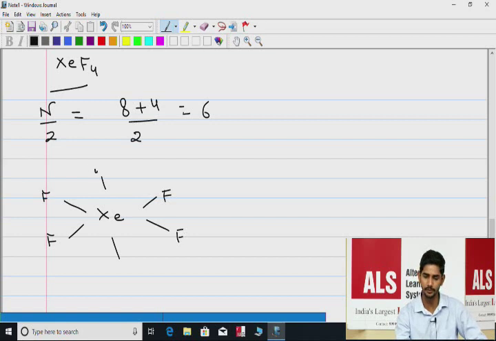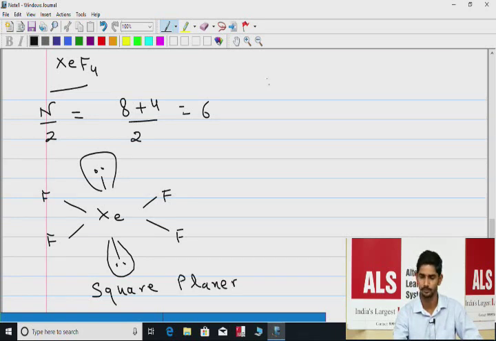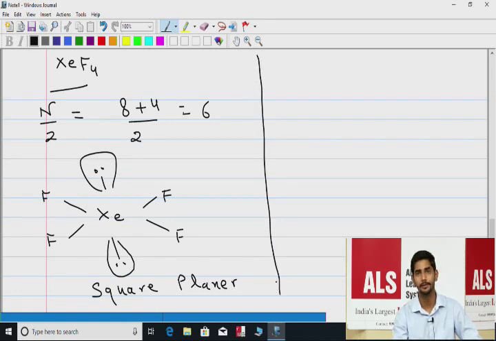The remaining 2 become the lone pairs. And I have told you to imagine the geometry, hide the lone pairs. If you hide the lone pairs, you will find out that it is a square. That's why its name is square planar. Got it? This is your square planar.